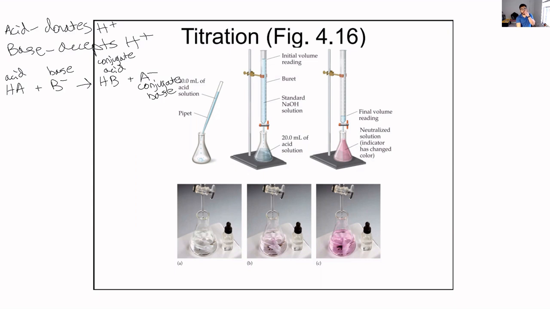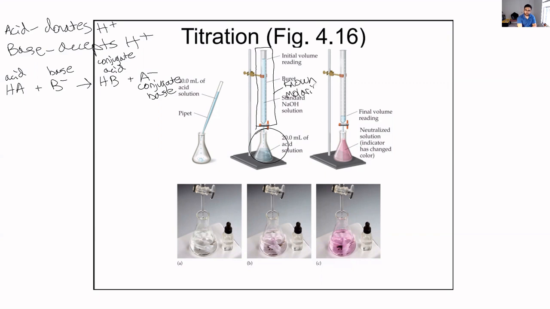So in a titration, and you'll be doing something very similar to this in lab, you have a known standard solution, which is in this burette here, and you have an unknown solution. For the standard solution, you know what the molarity is, so it has known molarity.